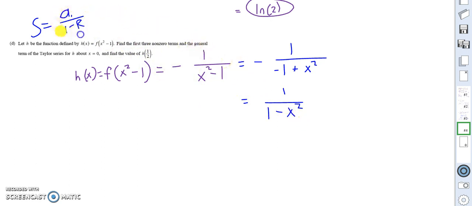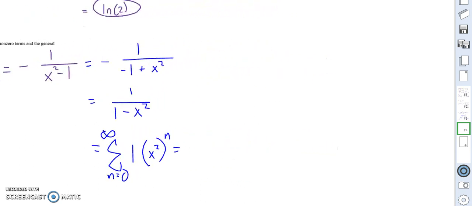So that's what a geometric series comes out to. The series must have originally looked like the sum from 0 to infinity of the first term, in this case 1, times the ratio to the nth power, which is going to look like 1 plus x squared plus x to the 4.